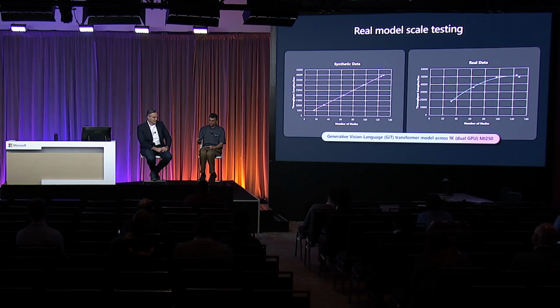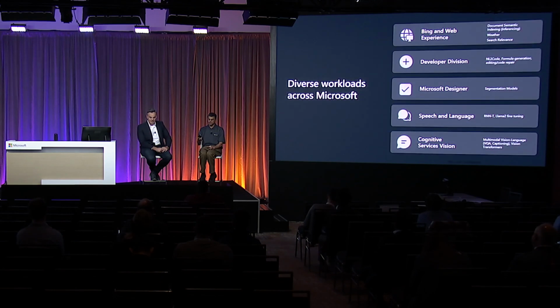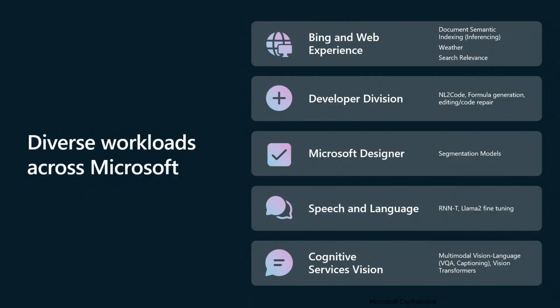So let me go into the actual workloads that we've onboarded. Again, this is not a full exhaustive list, but as I mentioned, our goal was to run all our top tier workloads, and these are among the top workloads. Obviously Bing and our web experience team use it for inferencing as well as for training.